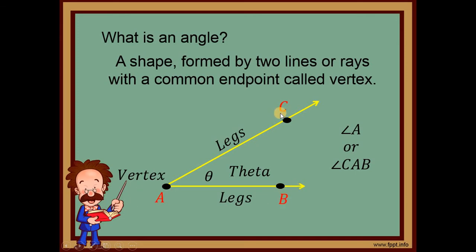So, same lang yon. As long na, ito kailangan tandaan, as long na yung vertex is nandoon sa gitna. Okay? So, kahit anong letter pa yan, basta yung vertex natin ay nandoon sa gitna.